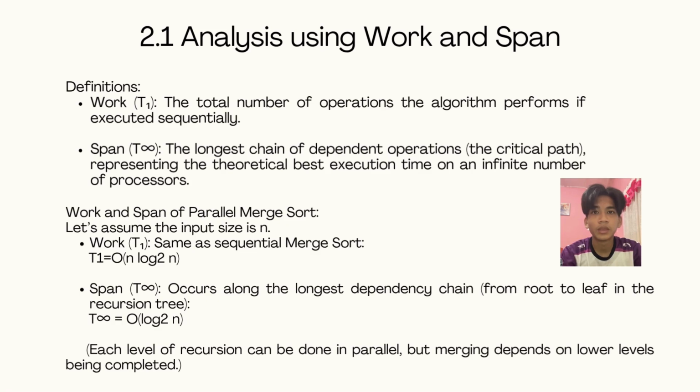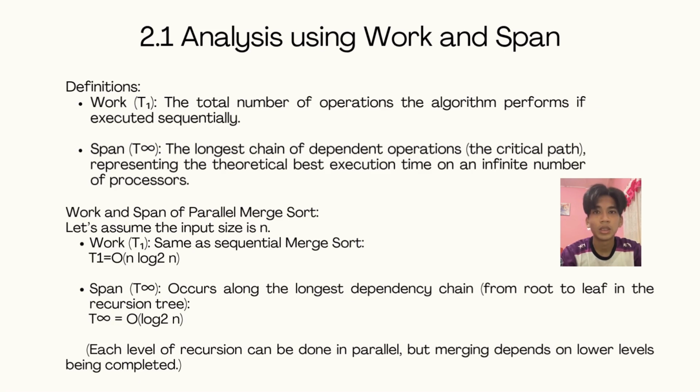But span, T∞, occurs along the longest dependency chain from root to leaf in the recursion tree. For example, T∞ equals O(log₂ n). Each level of recursion can be done in parallel, but merging depends on the lower level being completed.